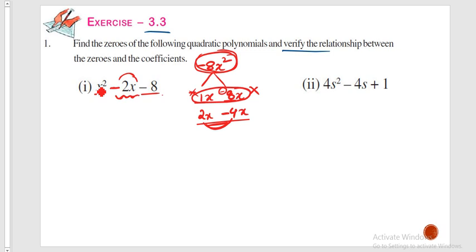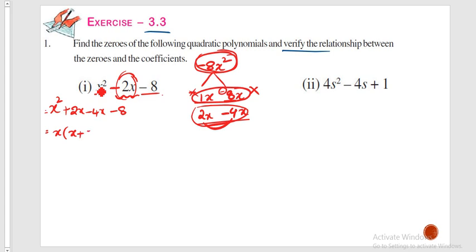Now this particular middle term minus 2x I can write like this, 2x minus 4x. So then what I am going to get? I can write this as x square plus 2x minus 4x minus 8. So from these two terms, what can I take common? I can take common x.